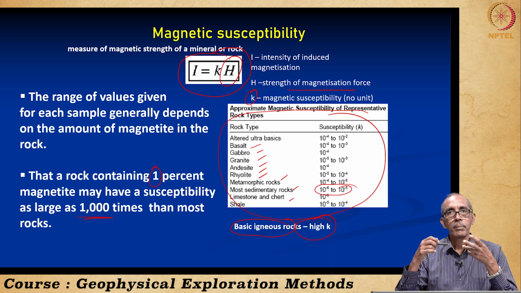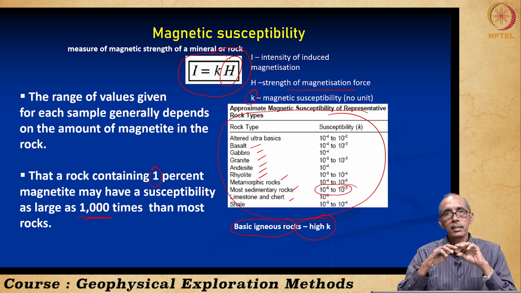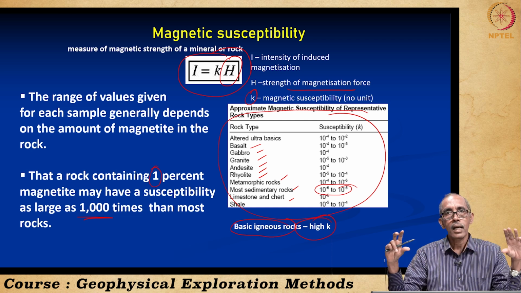One is the magnetic compass, the other is the magnet, how it attracts magnetically susceptible materials like iron. Then we saw the unit of measurement, which is the nanotesla. After that, we saw how the total magnetic field strength varies over the surface of the earth. It is comparatively less at the equator and very high at the poles.